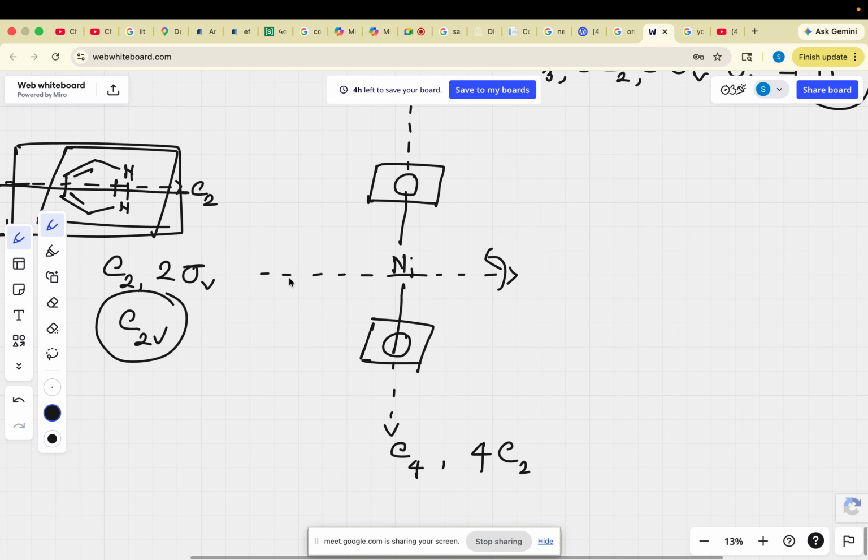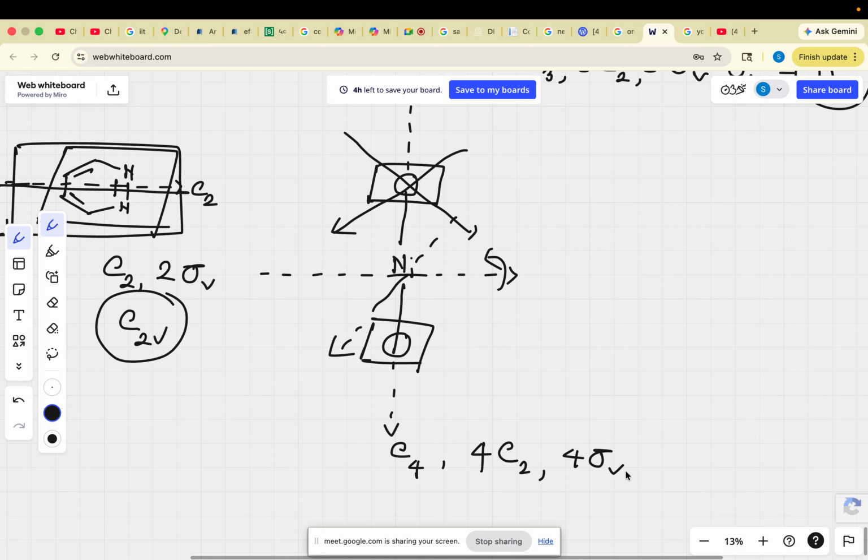So this is your one C2. Now you can place one C2 from this corner, and another you can place along the y-axis. That will also work out. So ultimately you will have 4 C2, and 4 sigma v you will get.